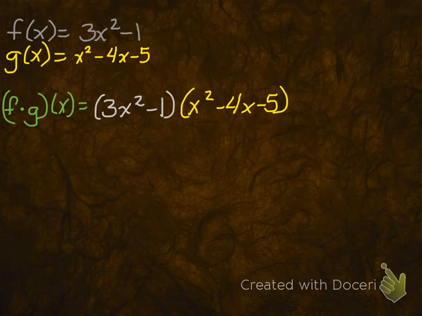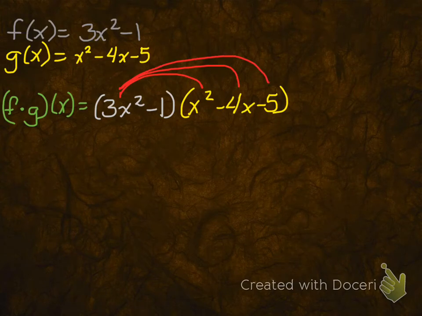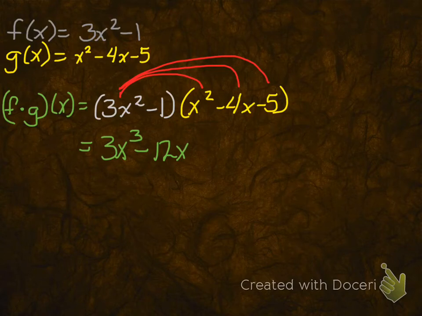And I am going to distribute my 3x squared to all three terms inside of my g of x, giving me 3x to the fourth minus 12x cubed minus 15x squared.